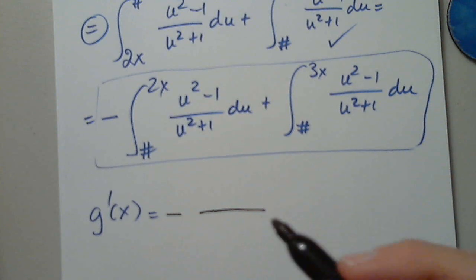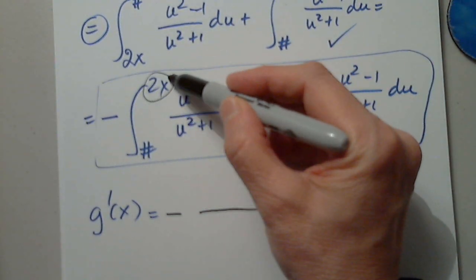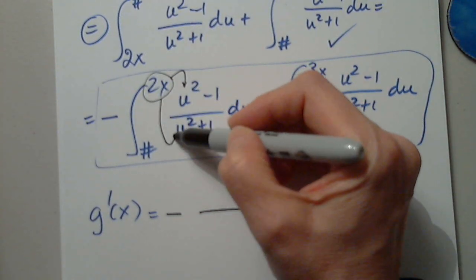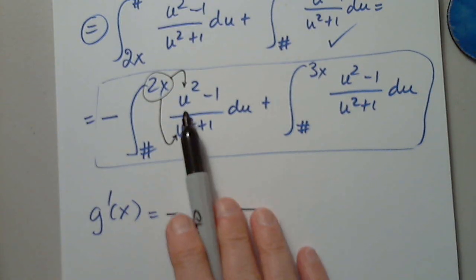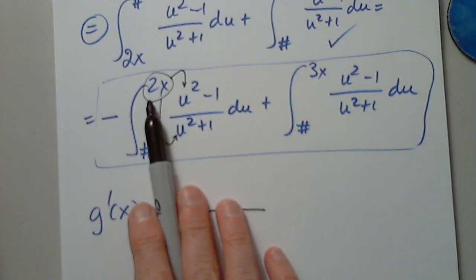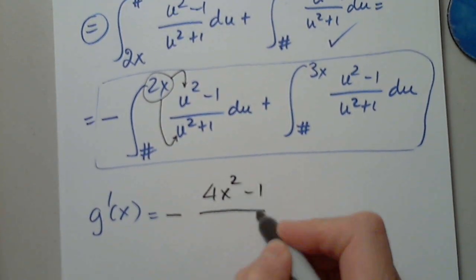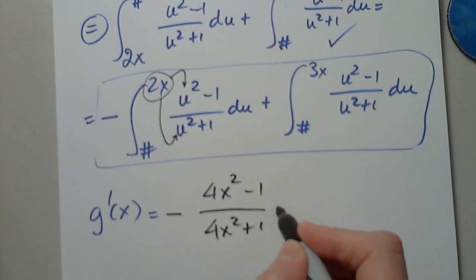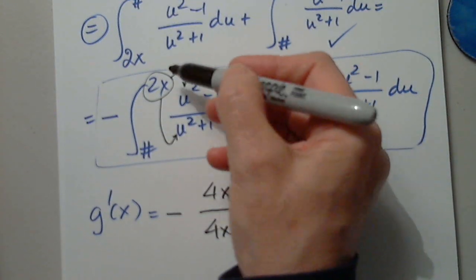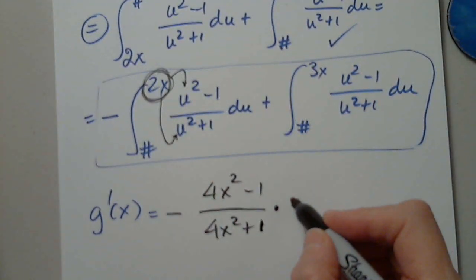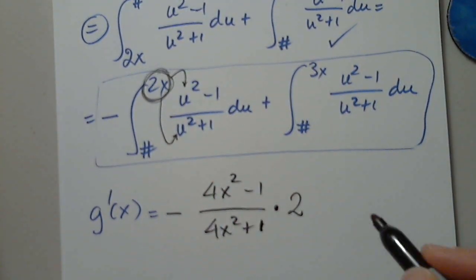What do I do next? You plug in all the variables. So in u squared, when I plug in 2x, what do I get? 4x squared. Very good. Times the inner function prime. Excellent.